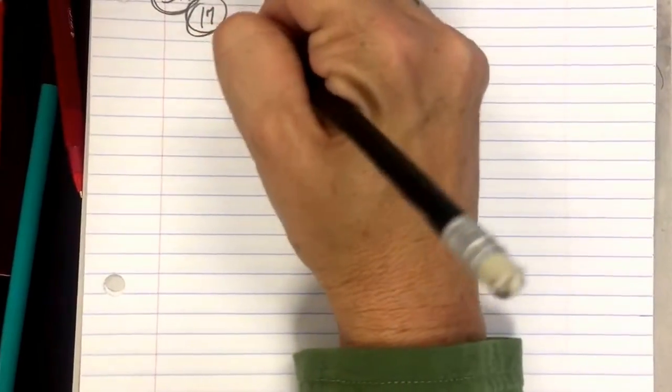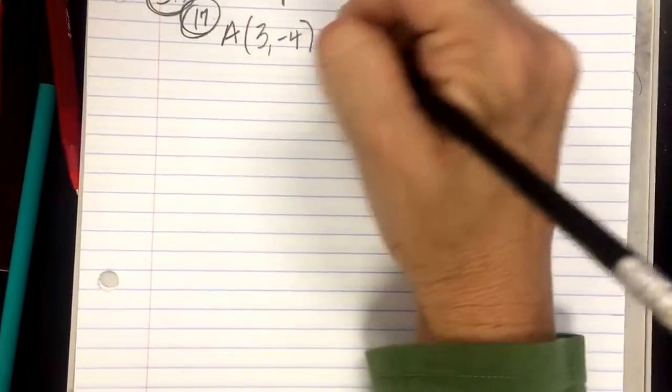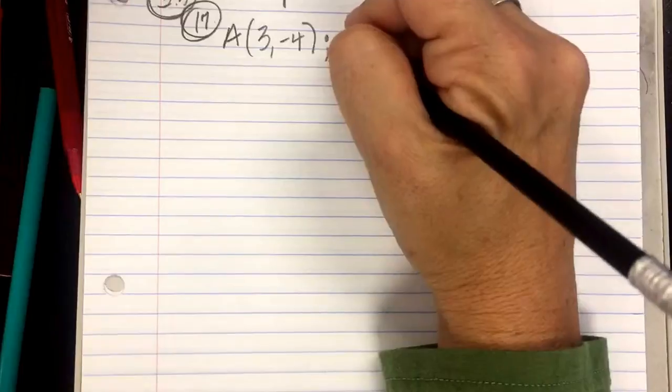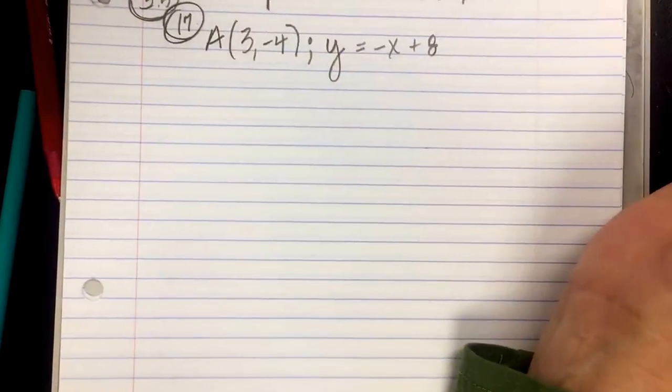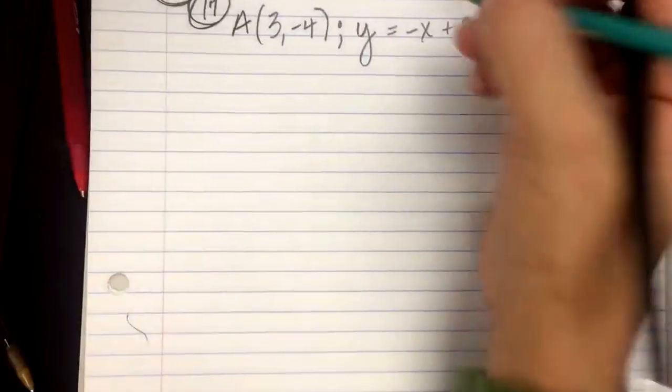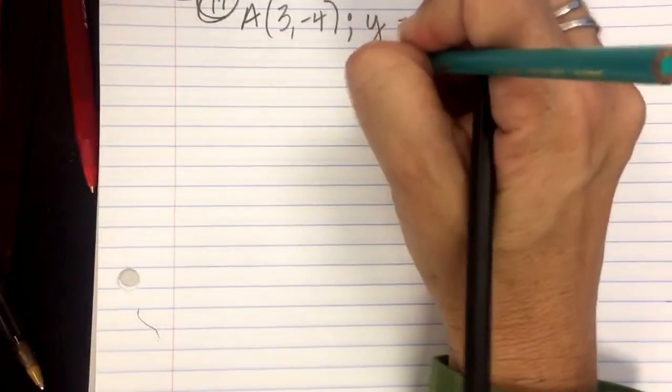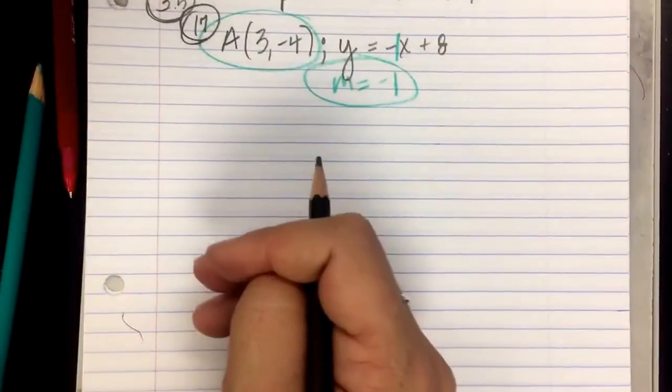We're given the point 3, -4. And that point has to be on a line that's parallel to y equals -x plus 8. So the slope of this line is -1, and I need that slope in order to write the equation for this.